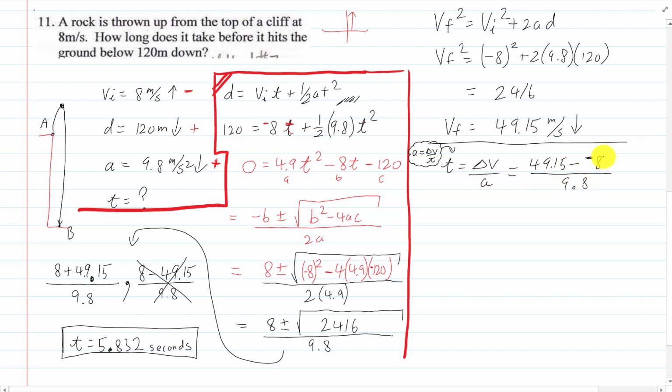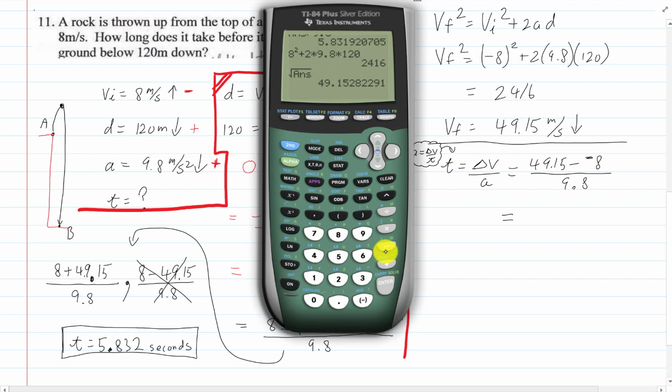So basically I have to add 8 to this number, which gives 57, and then I divide by 9.8, and I get the same number, 5.832 seconds.